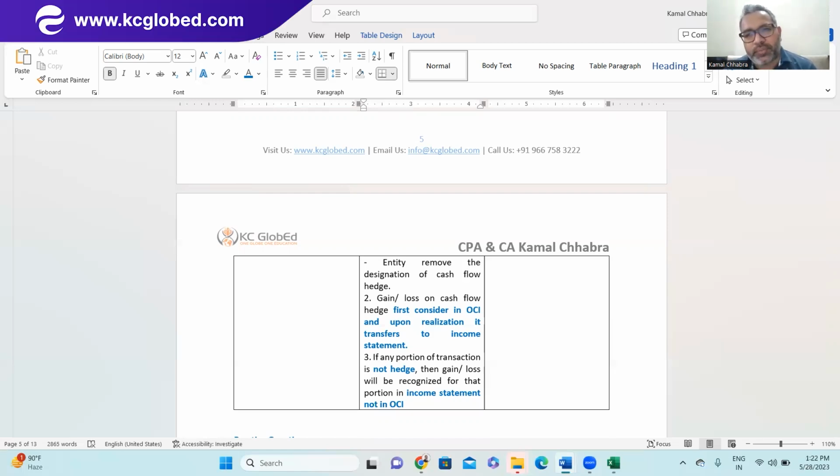Are you getting my point? That means you are doing a partial hedge. For interest, you're not hedging, so whatever the gain or loss is coming out of the interest cost will directly go to the income statement, and will not go to the OCI. Make sense?